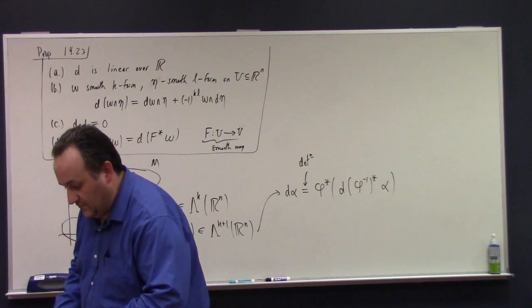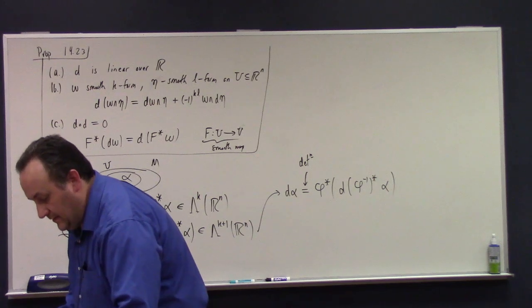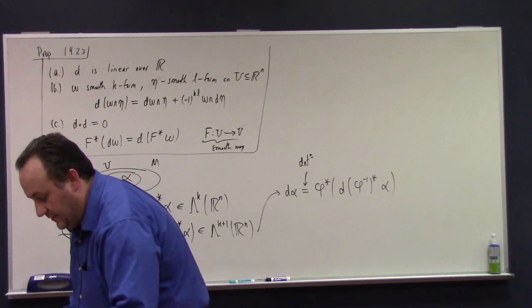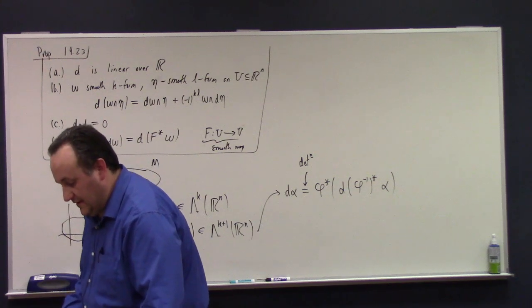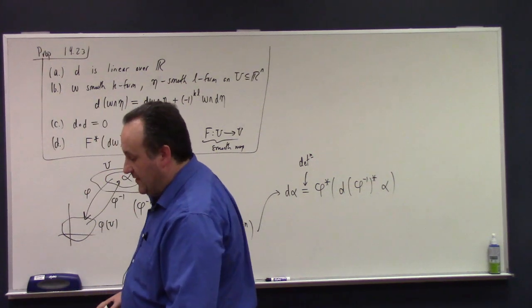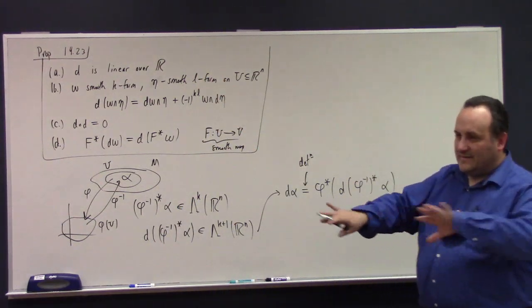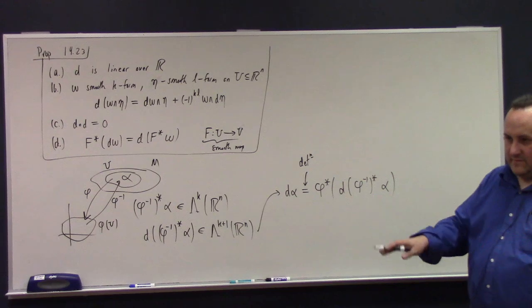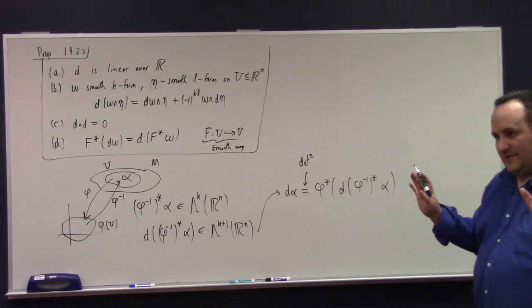However, he uses omega instead of alpha, but it's the same animal. Then he argues that it's well defined and has all the same properties, and he extends it to the whole manifold using the bump function thing as usual. It's a very hand-wavy explanation.